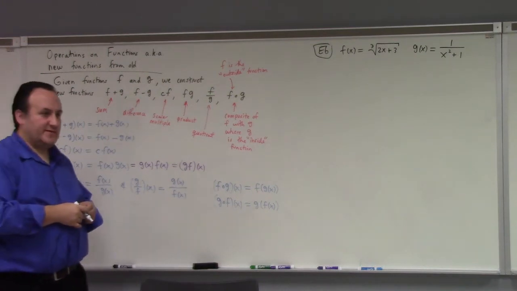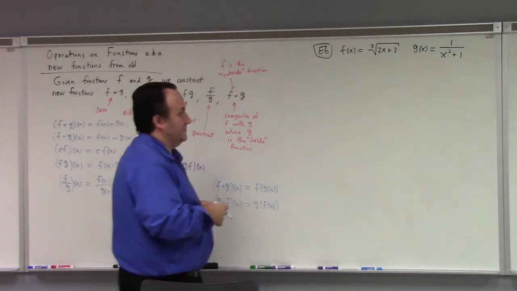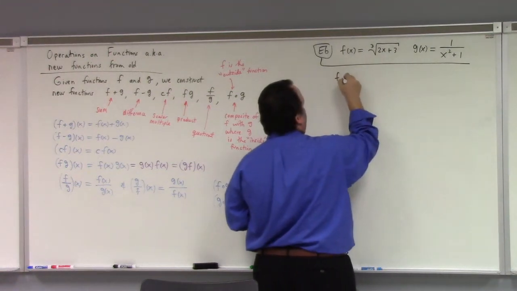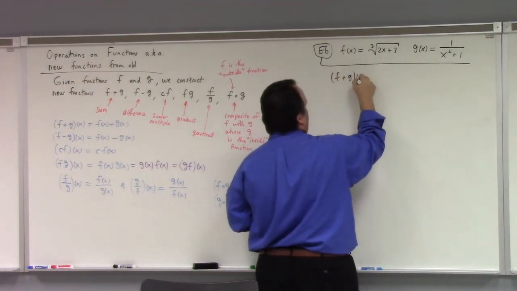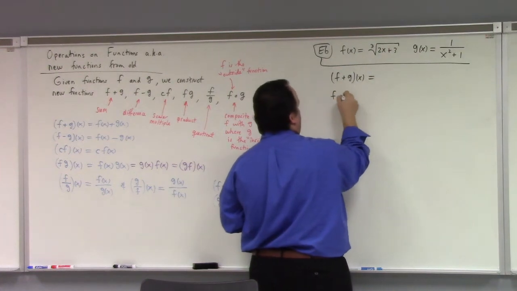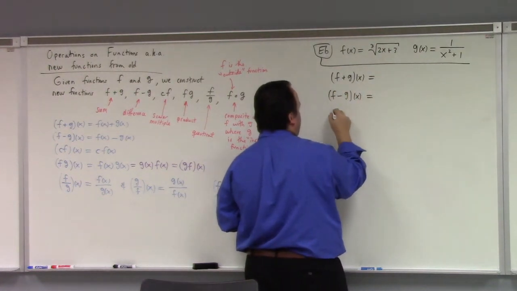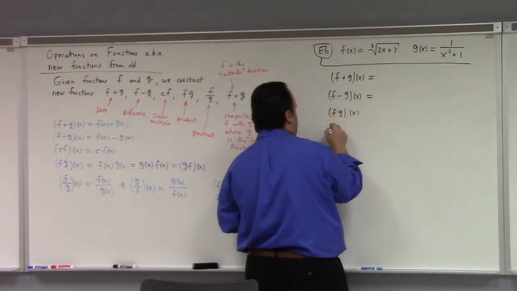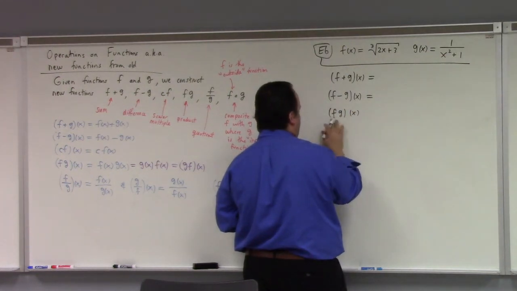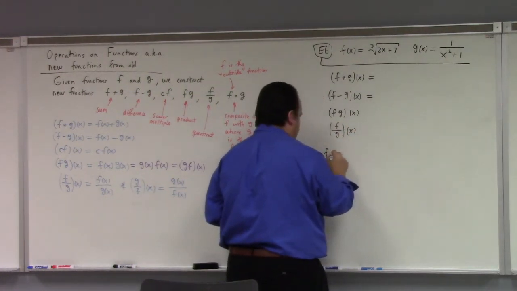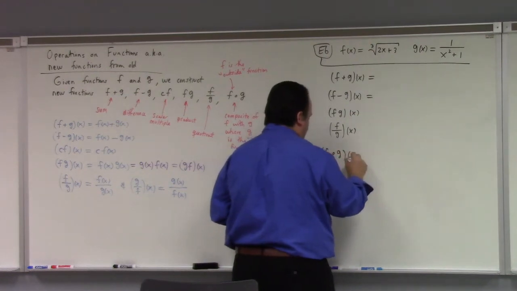Let's add them, subtract them, multiply them, divide them, and compose them. So here we go. Let's illustrate. F plus g of x. We'll do f minus g of x. We'll do f times g of x. We'll do f over g of x. And then finally, we'll do f composed with g of x.